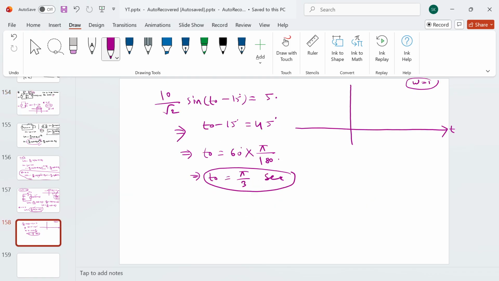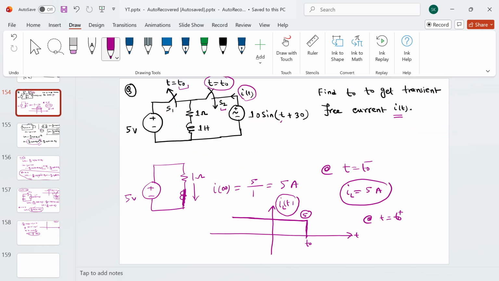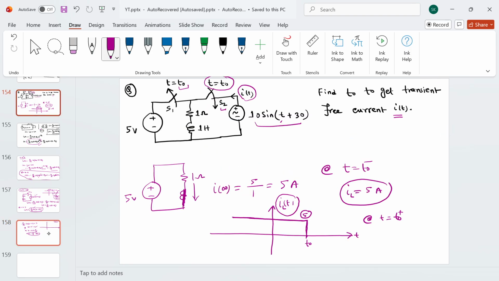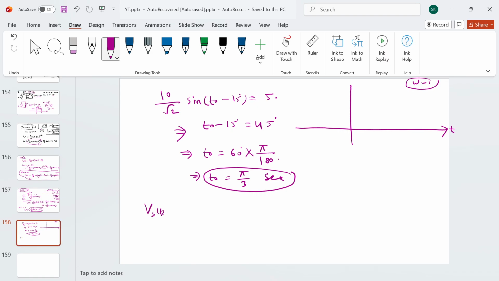So the voltage is leading by 30 degree, right? For this voltage equation, Vs(t) is equal to 10 sine(t plus 30 degree). Now at t equal to 0, it has a value, with 30 degree lead.